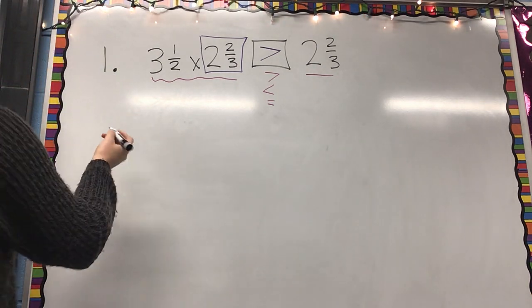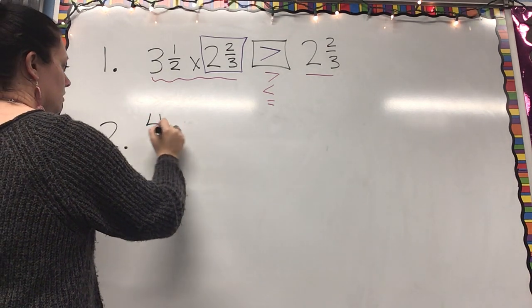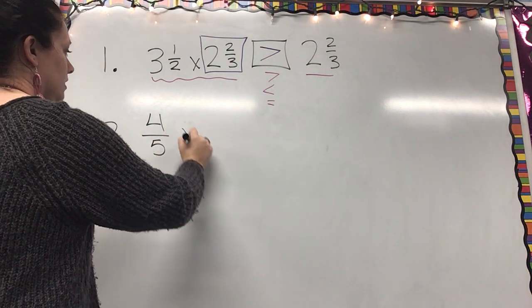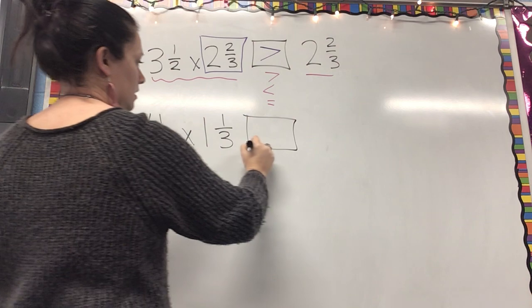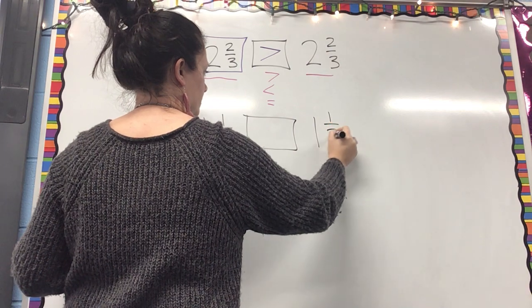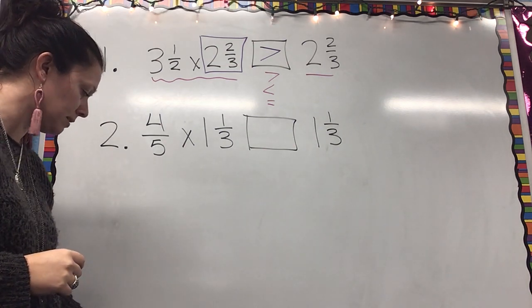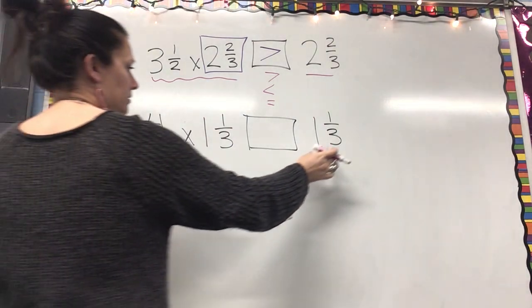All right, here we go, number 2. 4/5. This one's interesting and sometimes a little mind-blowing because, all right, over here I have a what?